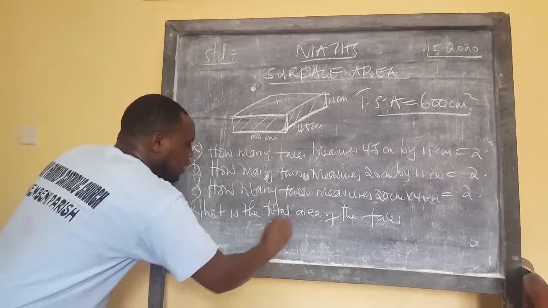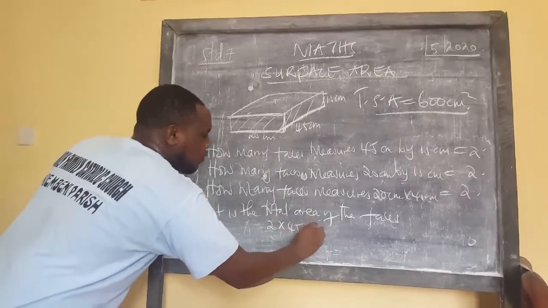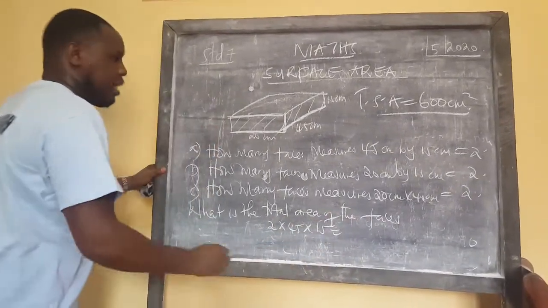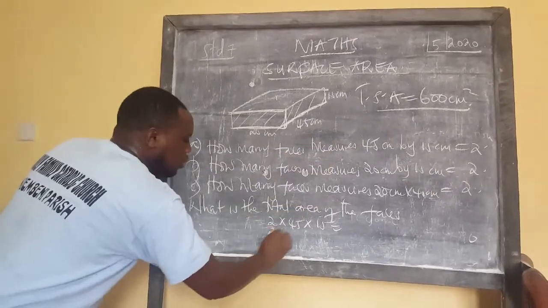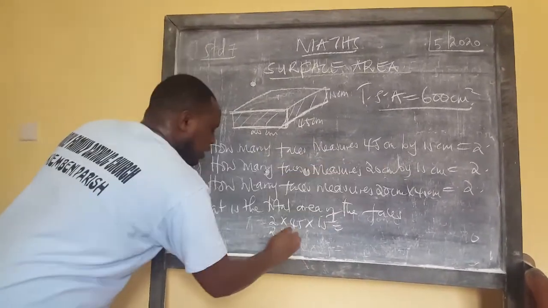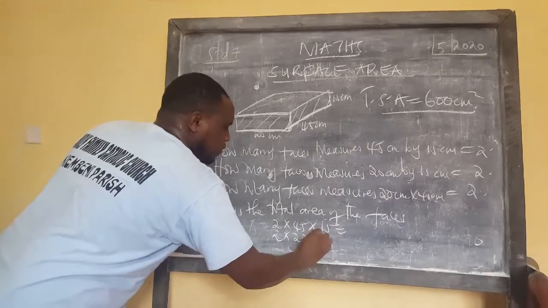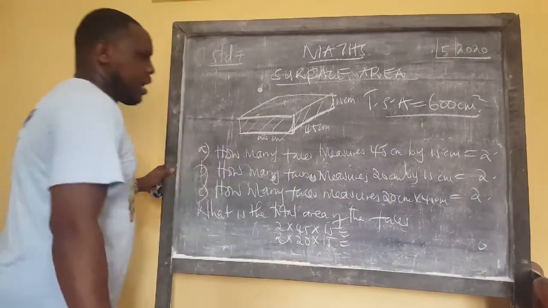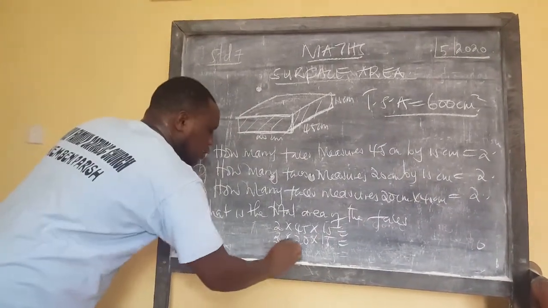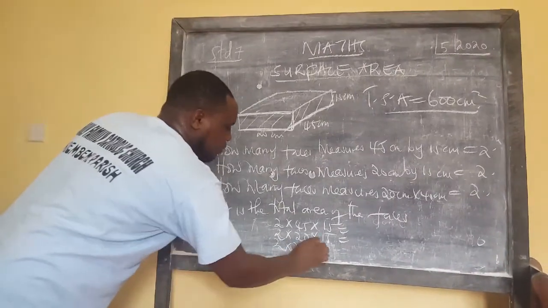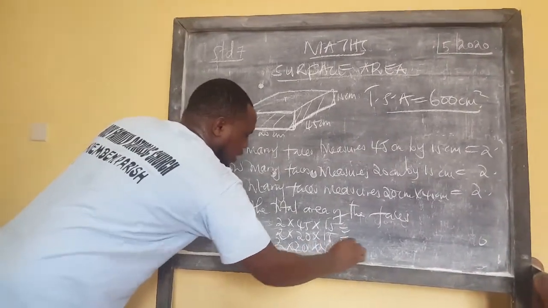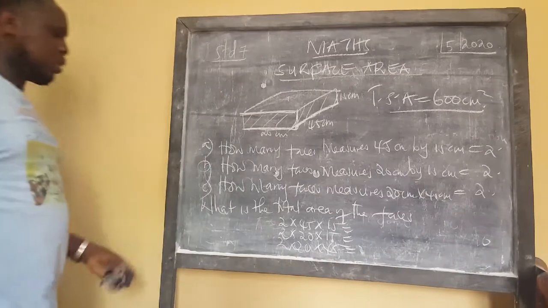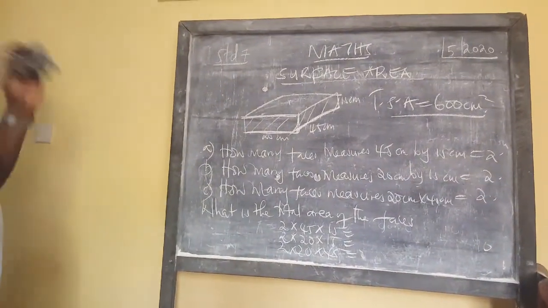So 2 times 45 times 15, we get that area. Then 2 times 20 times 15, we get that area. Then 2 times 20 times 45, we get that area. So after doing that, we will be able to get the total area.